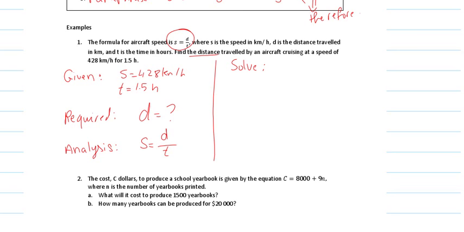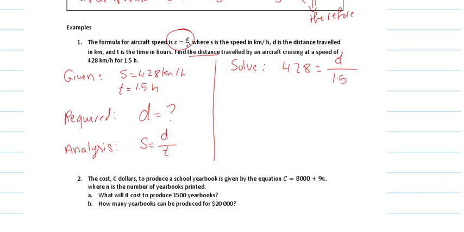Do I know D? So I'm going to write it as D. Do I know T? Yes. 1.5, right? When you're plugging it in, you don't need to write your units down. Okay? You see how I had the units here? You don't need to write the units here because then they're going to confuse you more than they're going to help you.